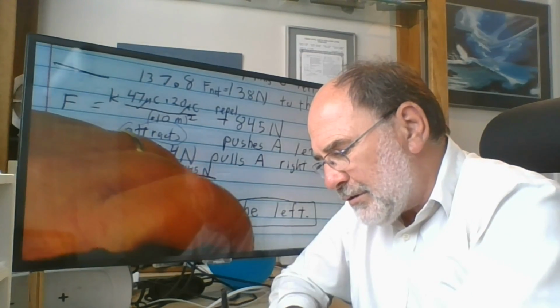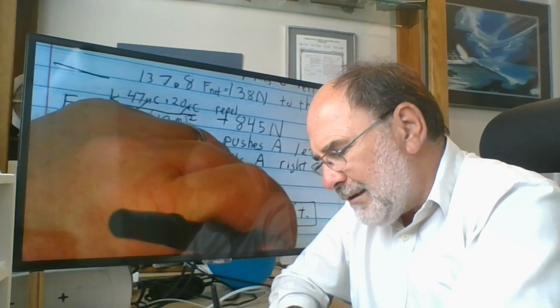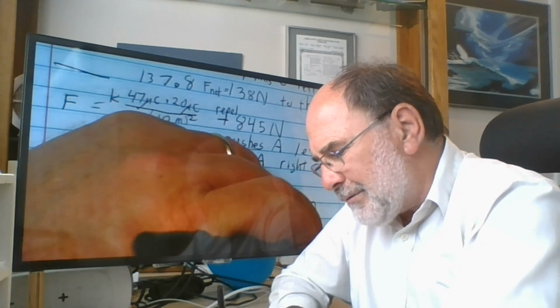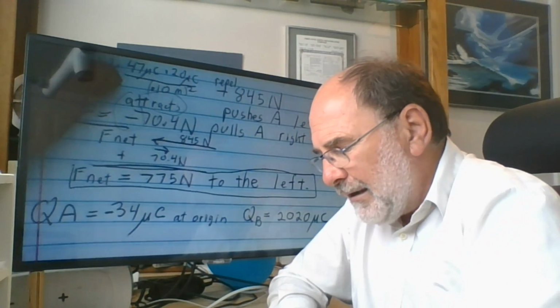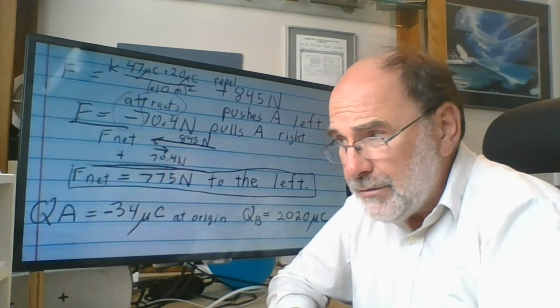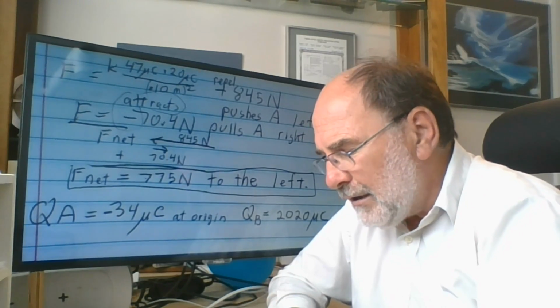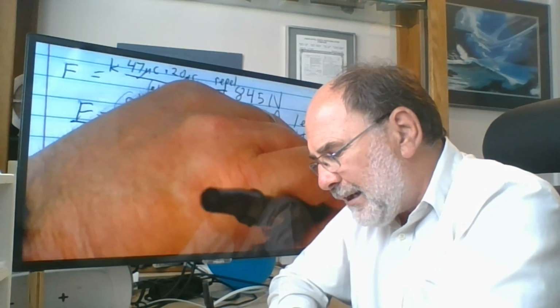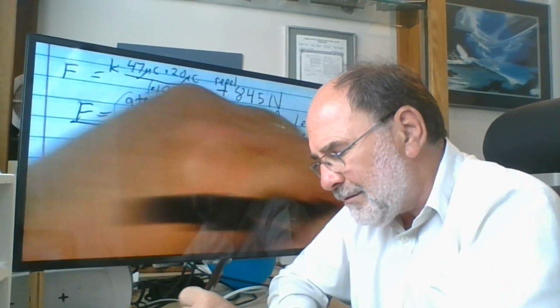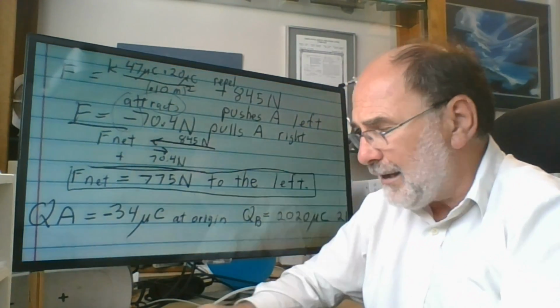And charge B is 20 microcoulombs, because we have to have the seniors in all these made up problems. And it's located at 211 centimeters, that's its position on the positive x-axis.